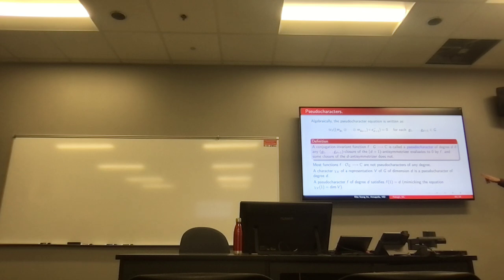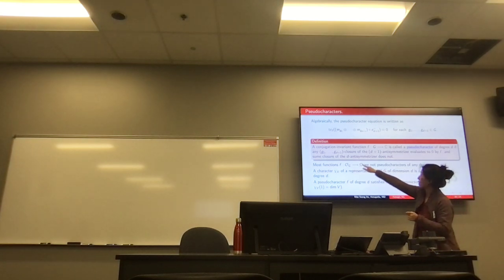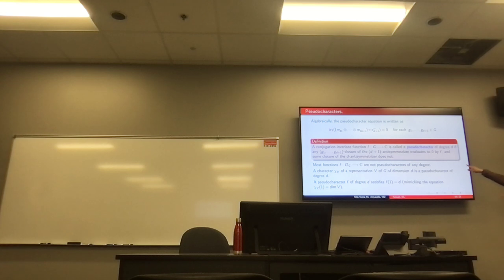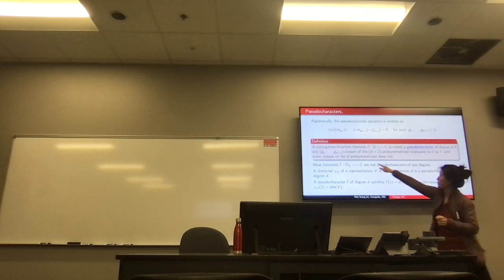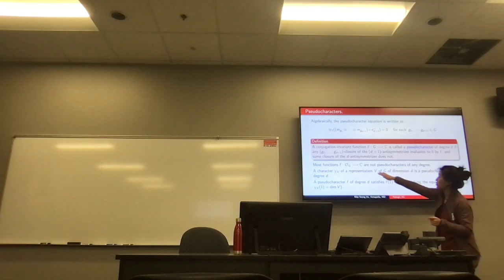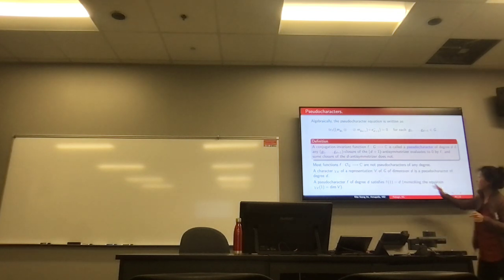So here's the definition. A conjugation invariant function F is called a pseudo-character of degree d if for any g1 up to g_{d+1}, the closure of the d+1 anti-symmetrizer evaluates to 0 by F, and some closure of the d anti-symmetrizer does not. So here are some facts. Most functions that are constant on conjugacy classes are not pseudo-characters of any degree.